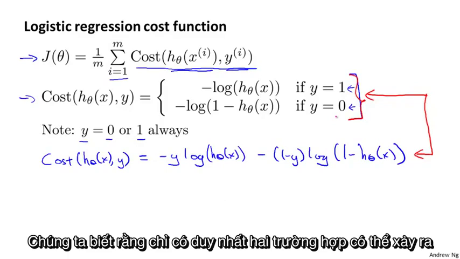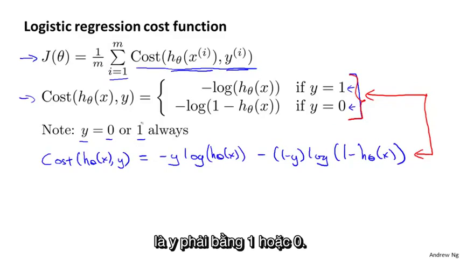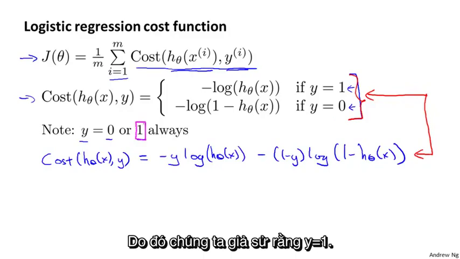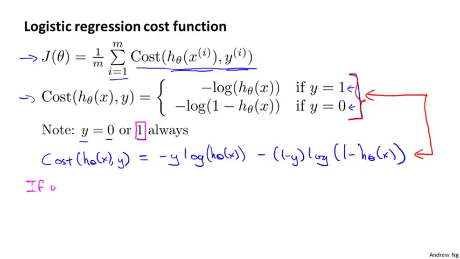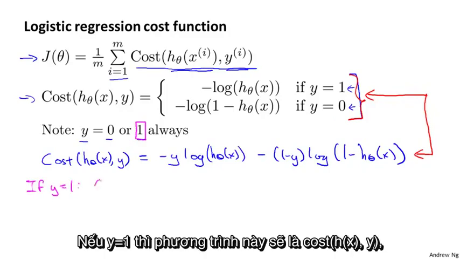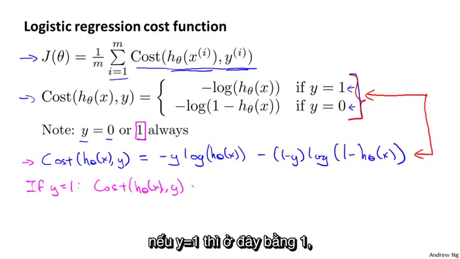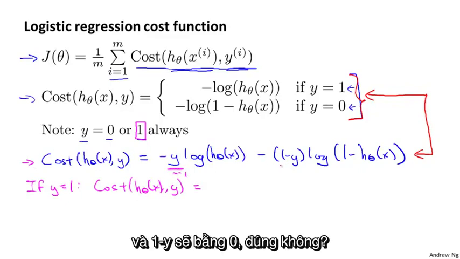We know that there are only 2 possible cases. y must be 0 or 1. So let's suppose y equals 1. If y is equal to 1, then this equation is saying that the cost is equal to, well, if y is equal to 1, then this term here is equal to 1, and 1 minus y is going to be equal to 0, right?